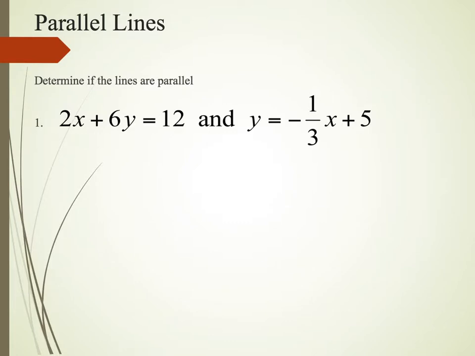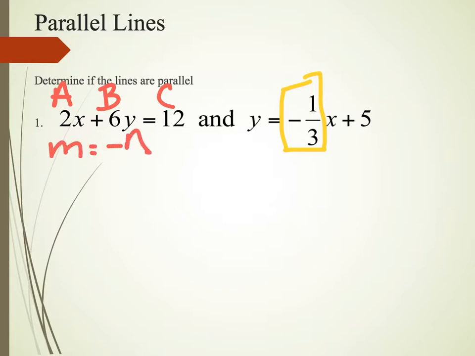So you have to determine if the lines are parallel. So automatically over here, y is by itself. So we could say, hey, the slope is negative 1/3 for that one. But for the other one, y is not by itself. So keep in mind, we can label A, B, C, and slope is negative A divided by B. So A is 2.